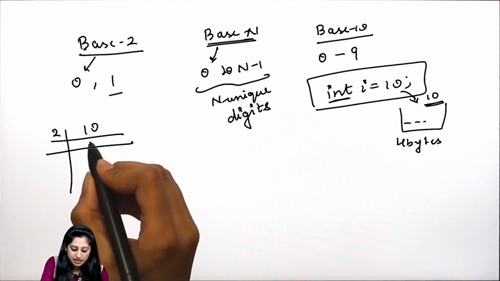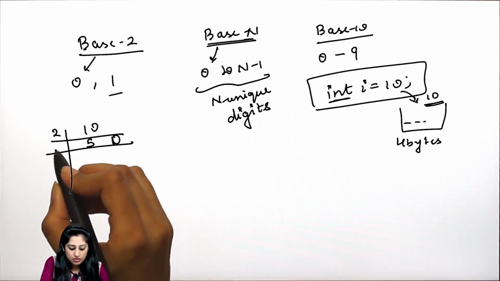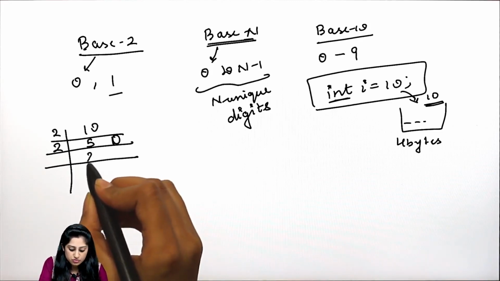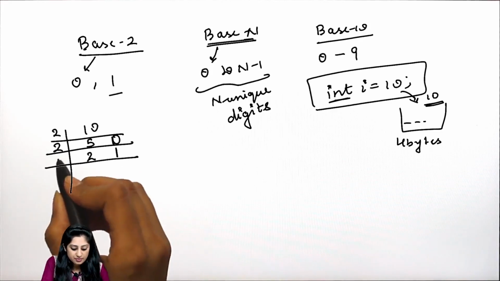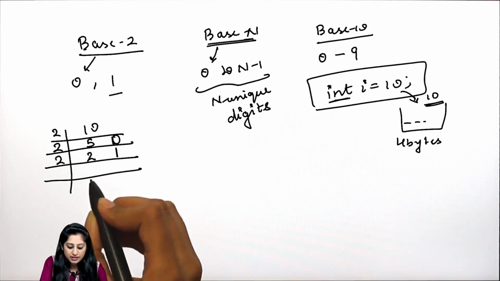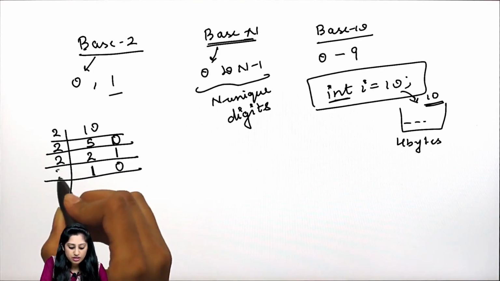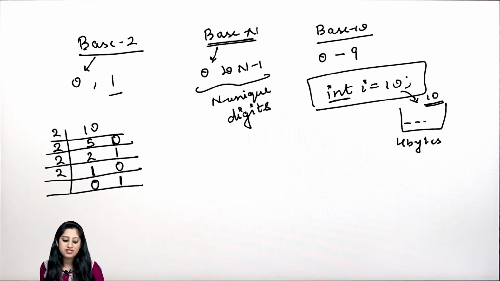Whatever quotient you get right here, 5, whatever remainder you get right here, which is 0. 10 completely divides, right? Now divide by 2 again. Whatever quotient you get, which is 2 right here, whatever remainder you get right here. Repeat the process. If you divide 2 by 2, quotient 1, remainder 0. Now if you divide 1 by 2, quotient will be 0 and only 1 will be the remainder.